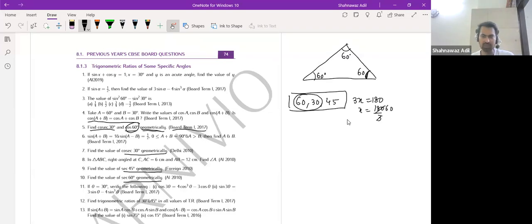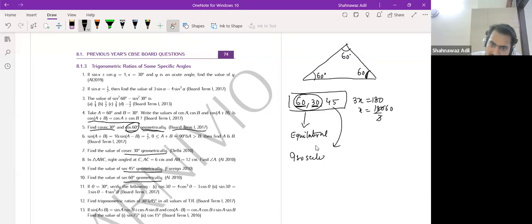So this is the trick: whenever we want to find out the angle of 60 and 30, we make an equilateral triangle. So for 60, 30, equilateral, and for 45, isosceles.